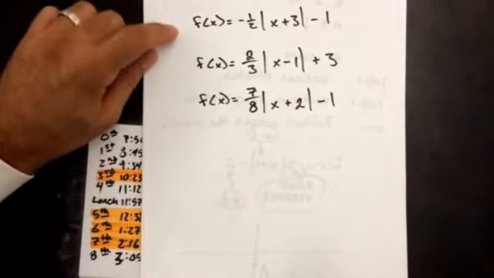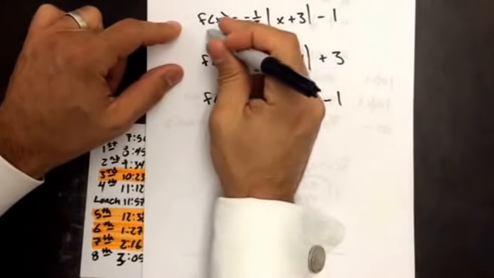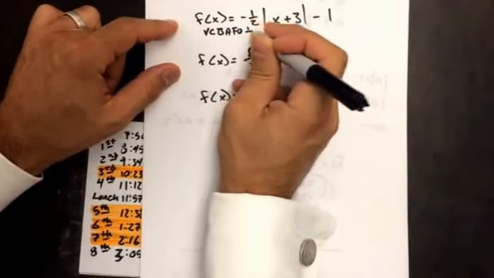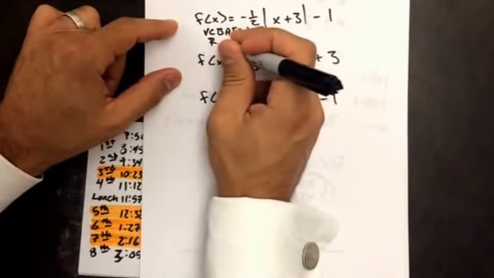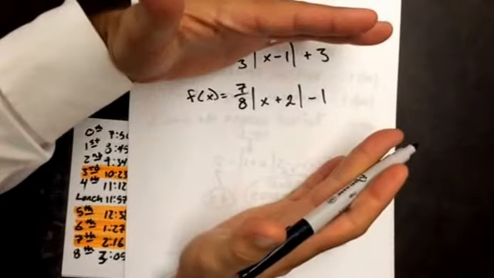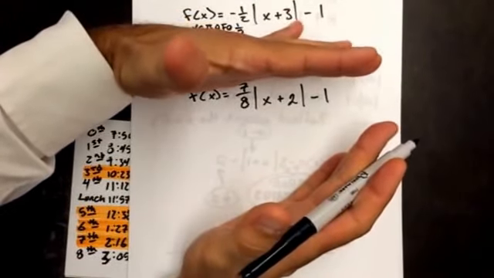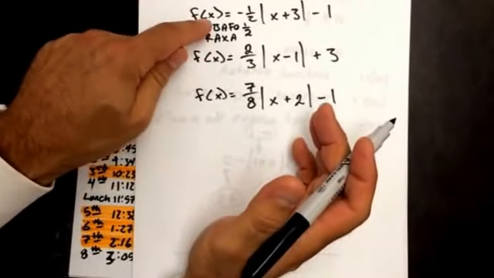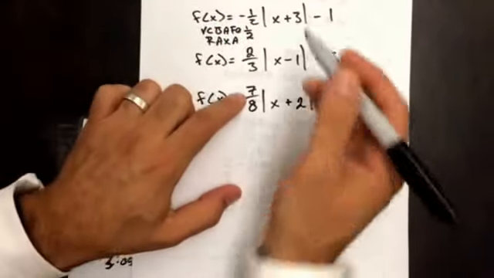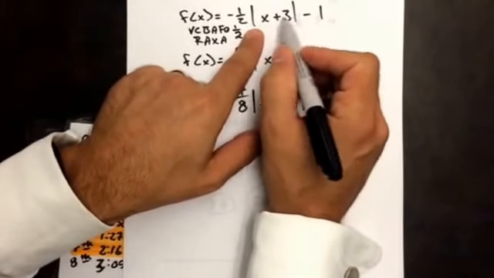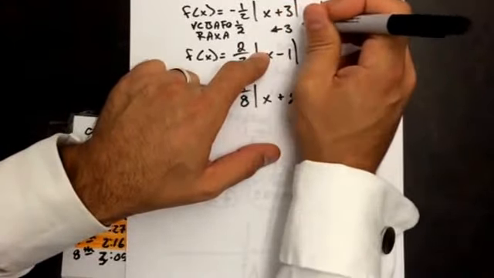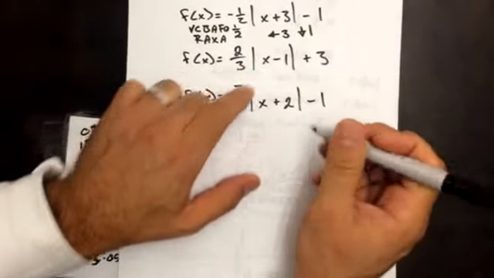Okay, so the first one, this 1/2 is vertically compressing it by a factor of 1/2. The negative is reflecting it across the x-axis. So vertically compressed means that it's going to actually get 2 times wider. It has a slope of 1/2, but it's reflected across, which means it has a slope of negative 1/2. Okay? This guy inside of here, the 3 is going to move it 3 units to the left, and the negative 1 is going to move it down 1.